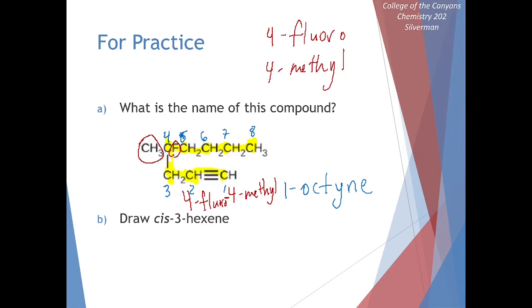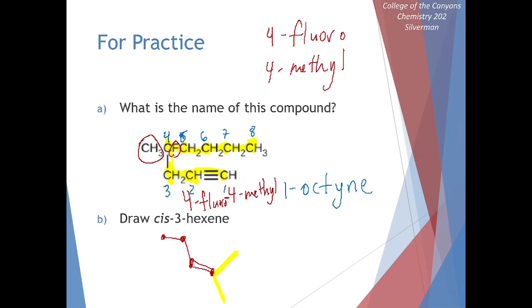For our second question, we have cis-3-hexene. So we have a double bond on the third carbon. Here's 1, 2, 3 carbons. Then we have a double bond out to the fourth carbon. Then we have 5 and 6, 2 more left to draw. This is cis-hexene, so we have two choices. We can either continue our chain going up or going down.